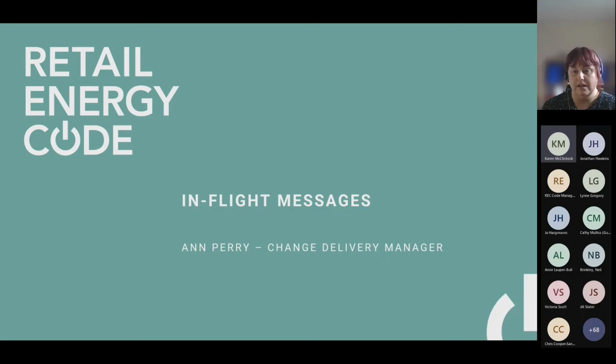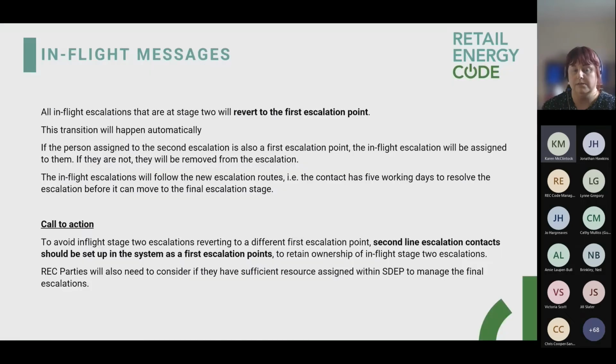move on, I think the other final key thing to talk through is what is going to happen to those in-flight escalations that are currently at stage 2. So what's going to happen at implementation at CSS Go Live is there is going to be an automatic system generated activity that will take the current second level escalations and revert those to the first escalation point.